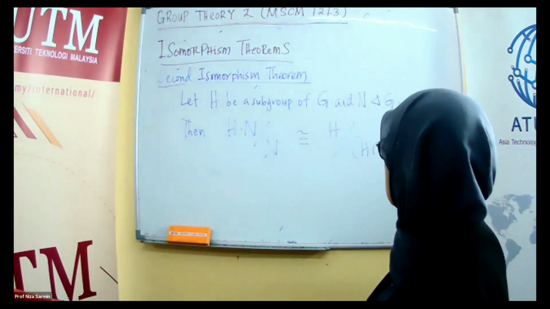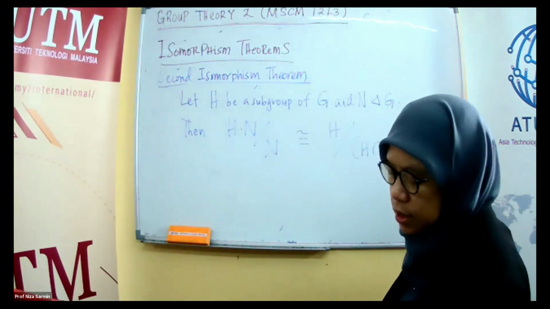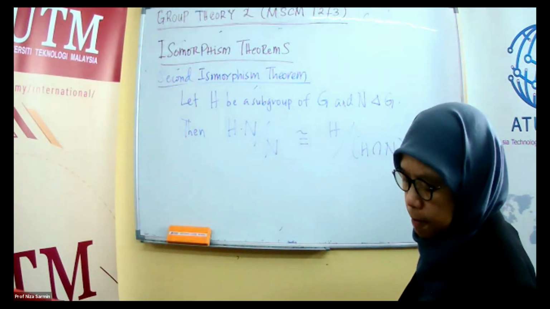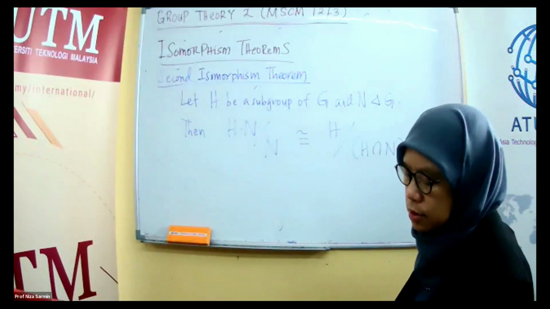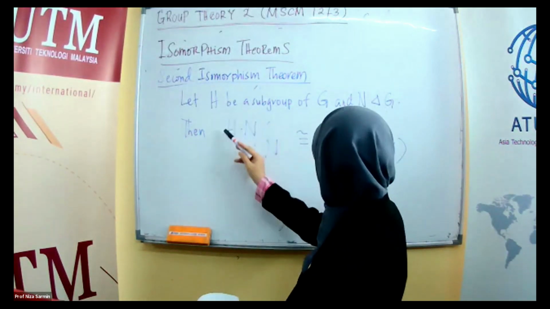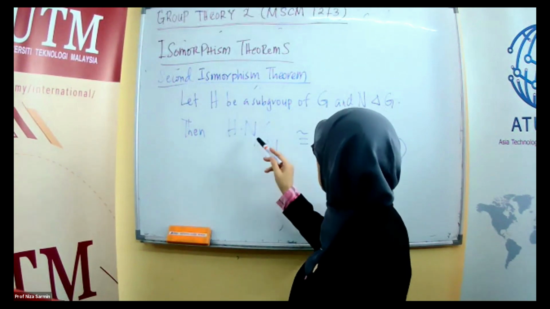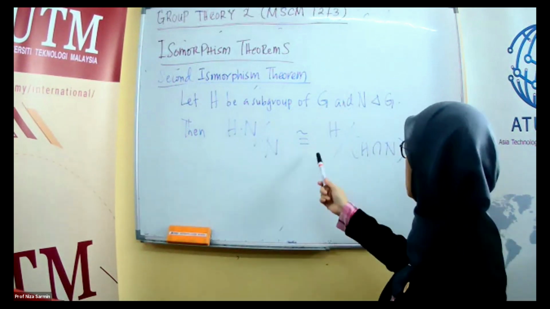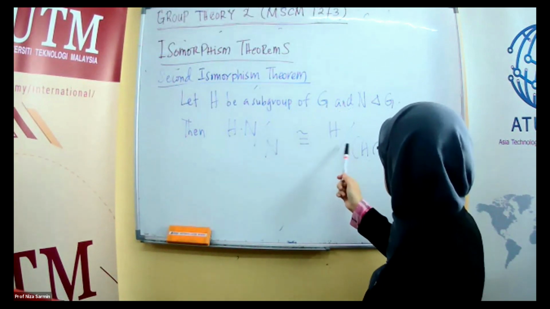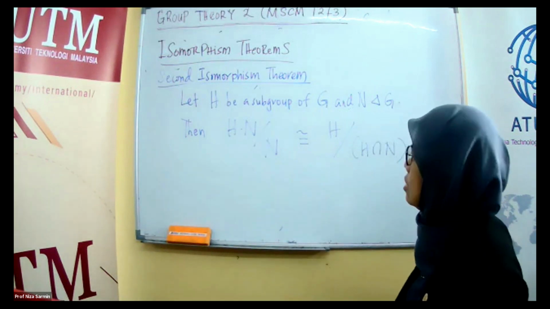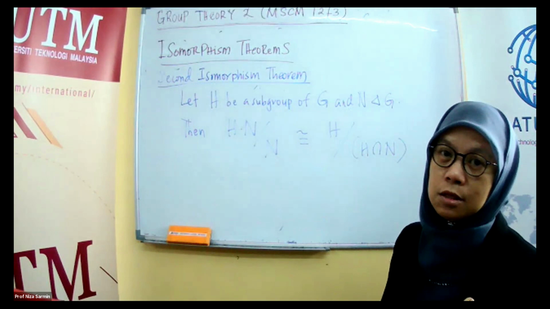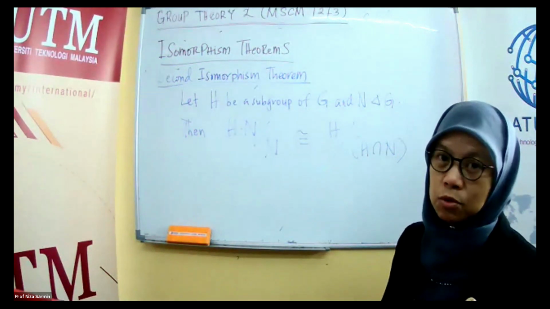Now, the key is that, using the theorem just now, if you have G to be this, G mod N, if G is equal to H dot N, you remember when we did the exercise in chapter 8 about normal subgroups?